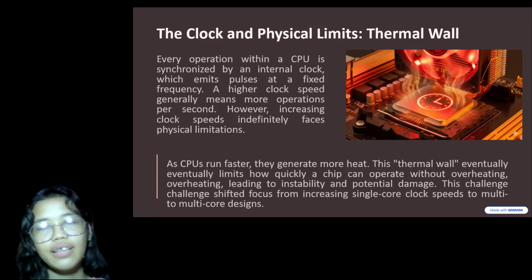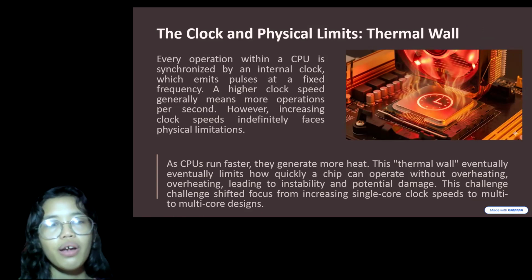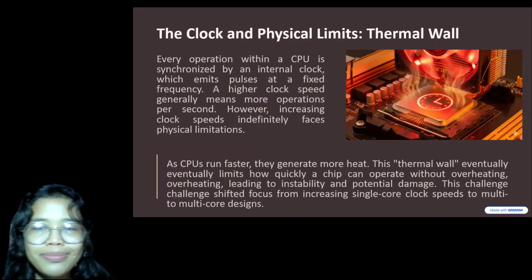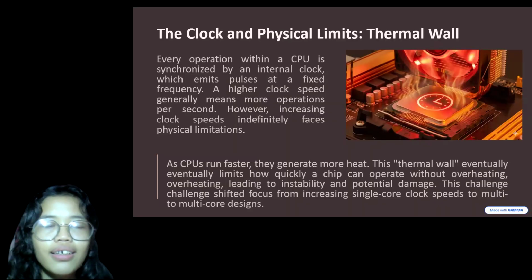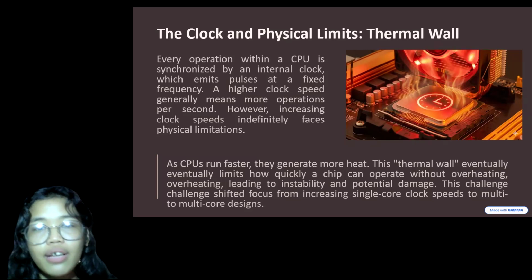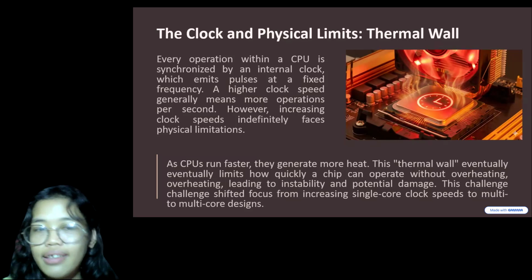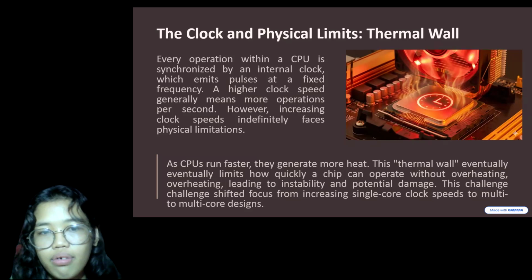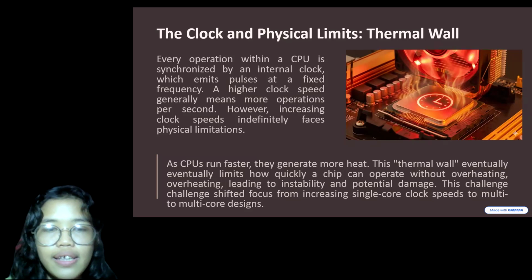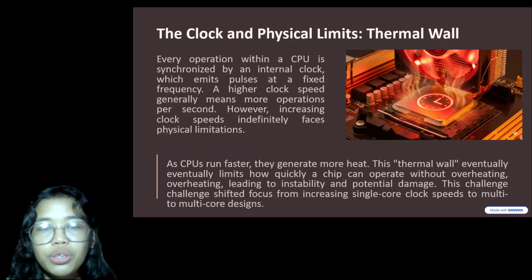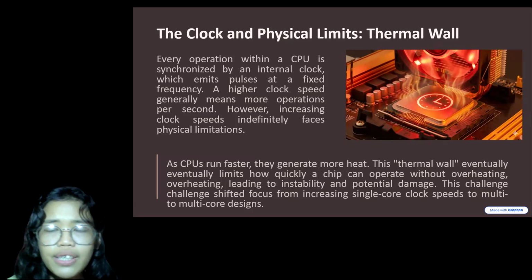A higher clock speed generally means more operations per second. However, increasing clock speeds indefinitely faces physical limitations. Basically the clock synchronizes operations, but of course there's a limit: signal propagation delay and heat generation buildup. So this led to multi-core designs instead of faster clocks.